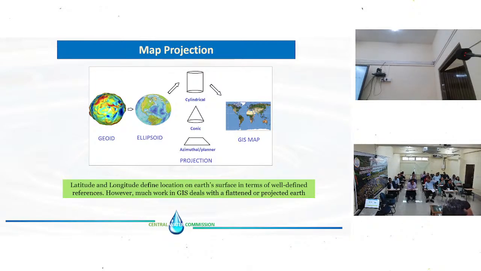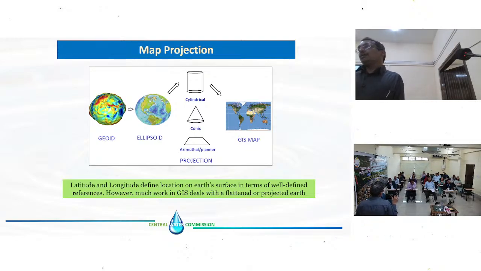Now that is fine, and there are so many ellipsoids. Suppose you are doing a local analysis, you can approximate an ellipsoid here, something like this, which is exactly coinciding or very near to the geoid, but somewhere it is not exact.